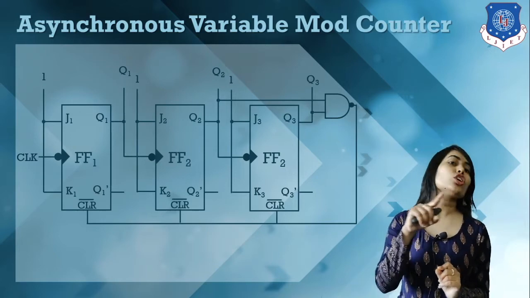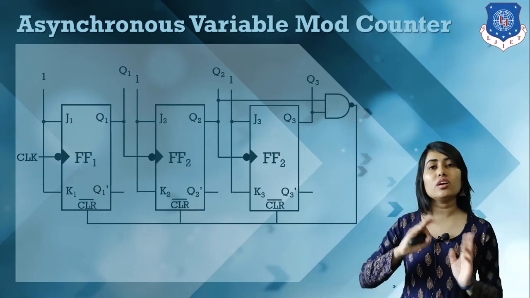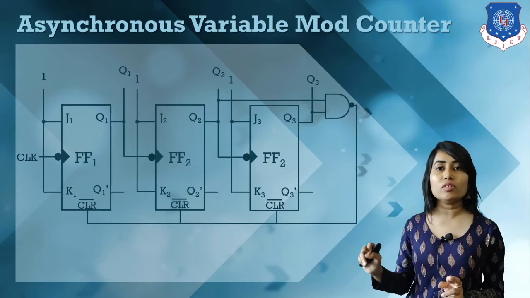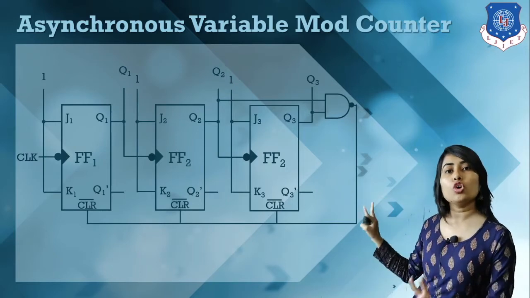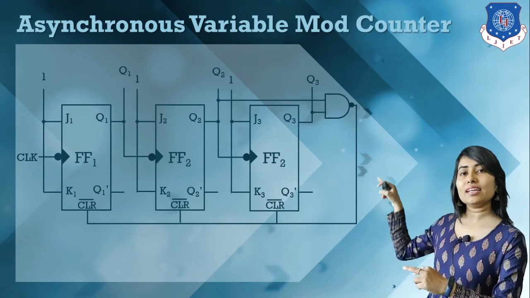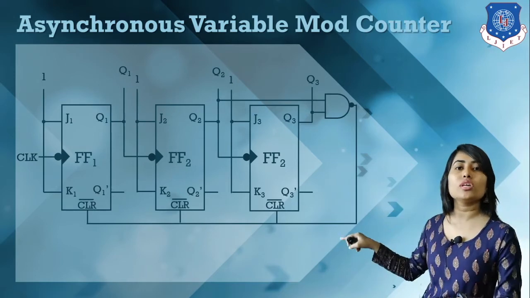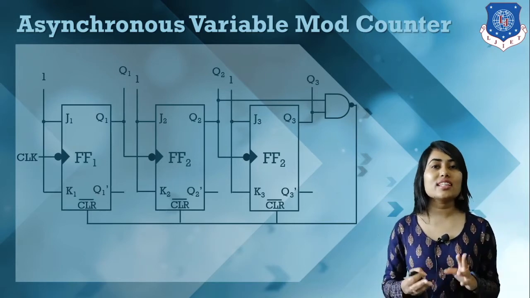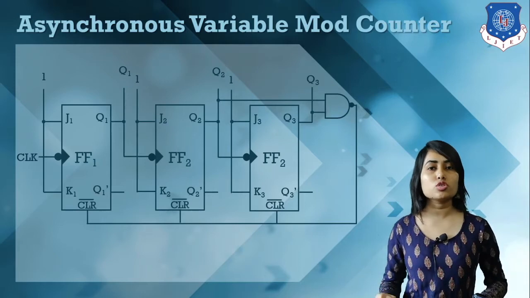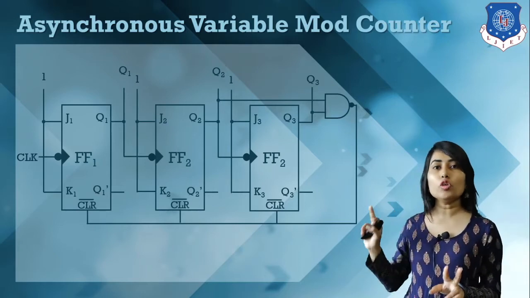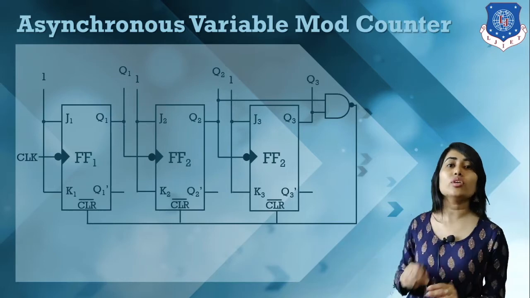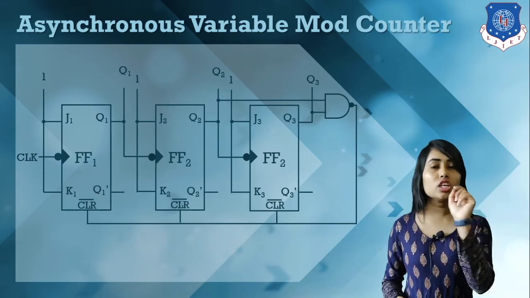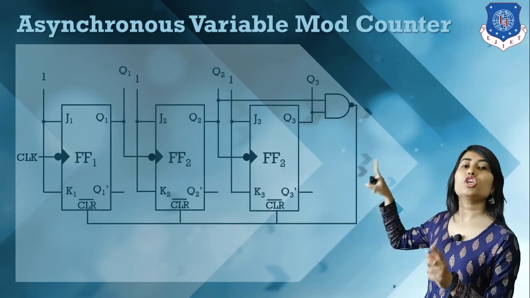Whenever Q3 and Q2 are equal to 1, the NAND gate gives 0, and this 0 is applied over here to the CLR. For any other combinations, like Q3 equals 0, we have output 1 and CLR is equal to 1, so it will not reset our flip flops, but only for the condition whenever Q3 and Q2 are equal to 1.